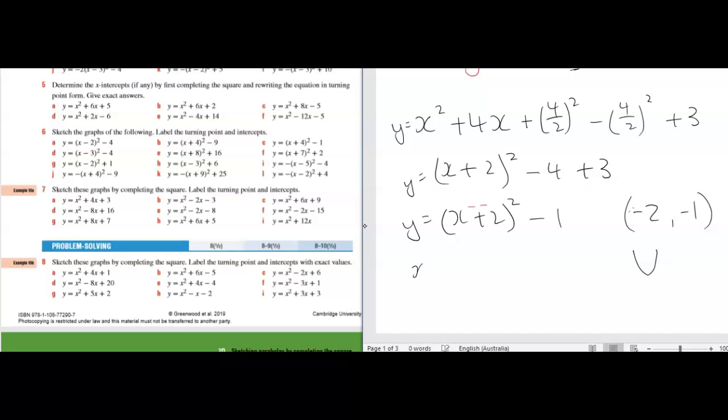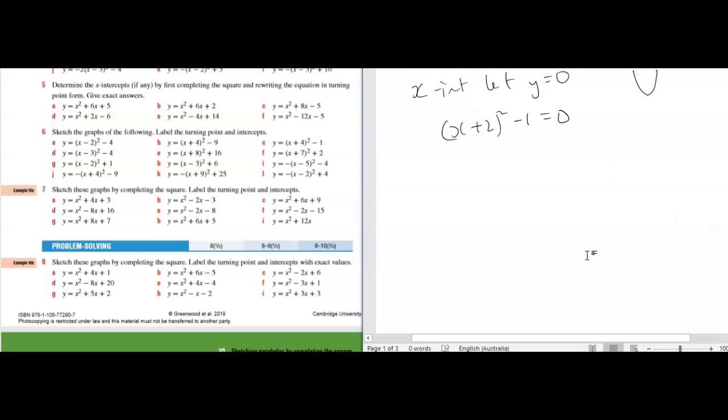To find the x-intercepts, let y equal 0. So we have x plus 2 squared minus 1 equals 0. Bring that 1 over. Now to get rid of the squared, we take the square root of both sides.